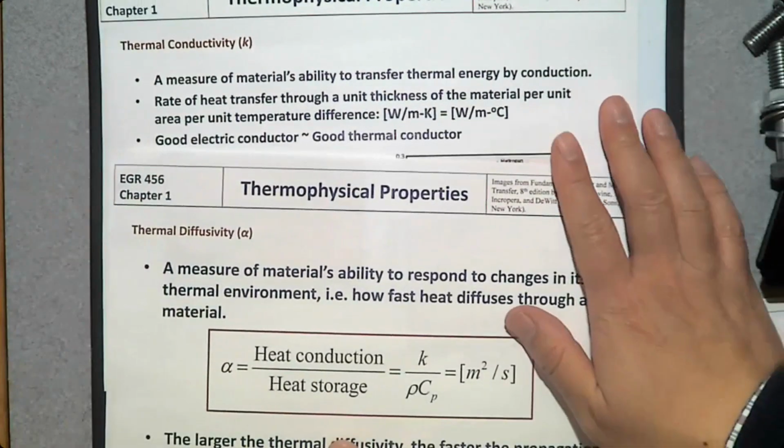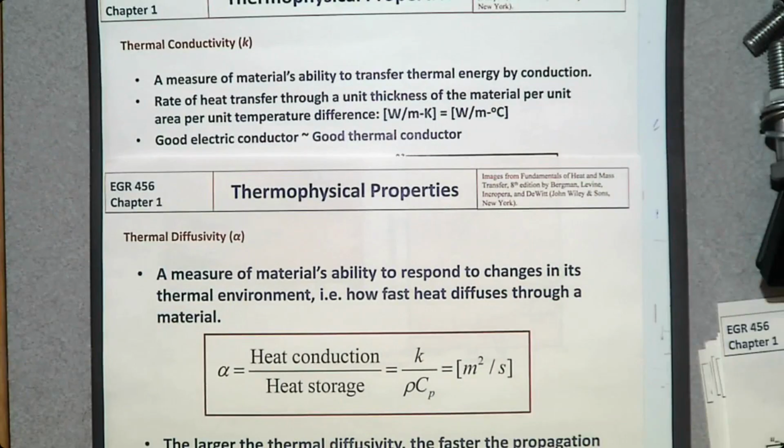This one, thermal diffusivity, alpha, is a measure of a material's ability to respond to changes in its thermal environment. In other words, how fast heat diffuses through a material. And many people get confused between thermal conductivity and thermal diffusivity.